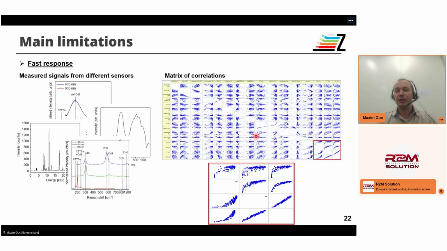So that's why sometimes we need to limit the information to very relevant information, to the most accurate correlations that really provide us valuable information in order to say if the product is okay or not okay.